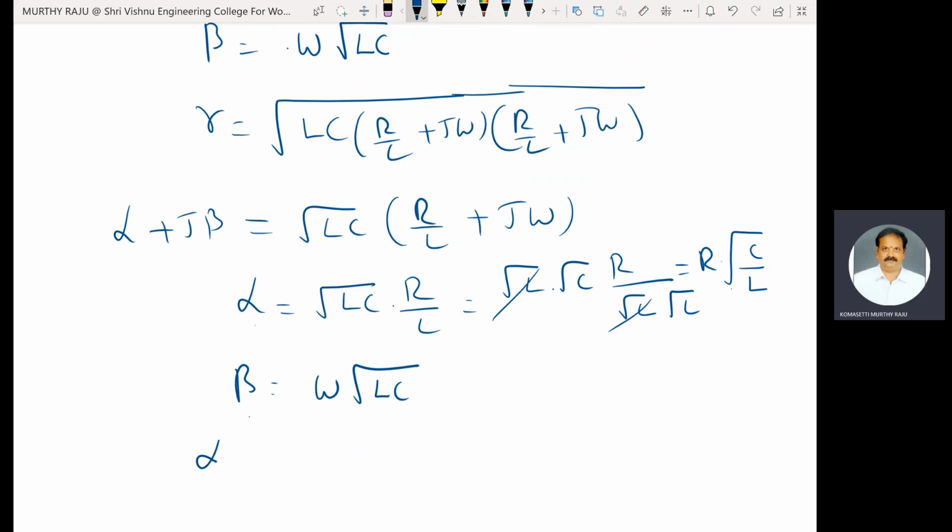In all the cases, alpha is defined as root RG.